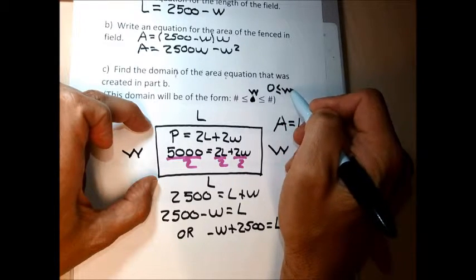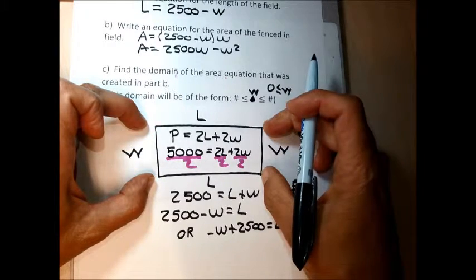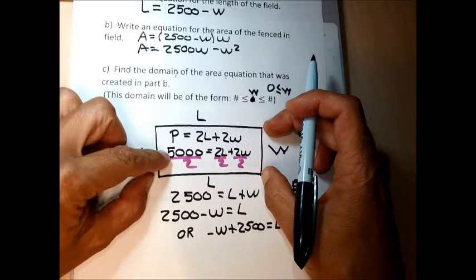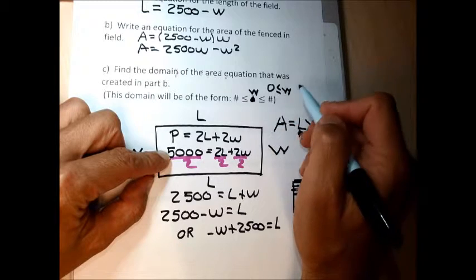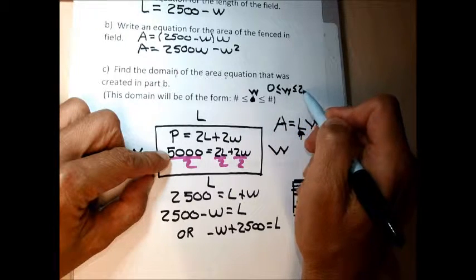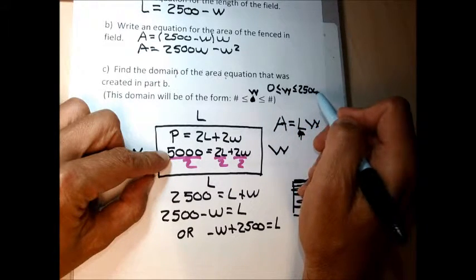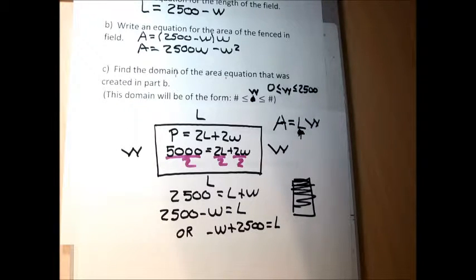And if all I built was widths, then each width could use up half the fencing, and I'd have to make two 2,500 meter fencing. And this is going to turn out not to be very good. If you had a width of 0, you wouldn't get any area enclosed.